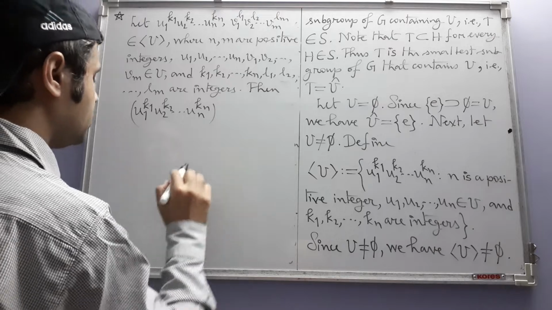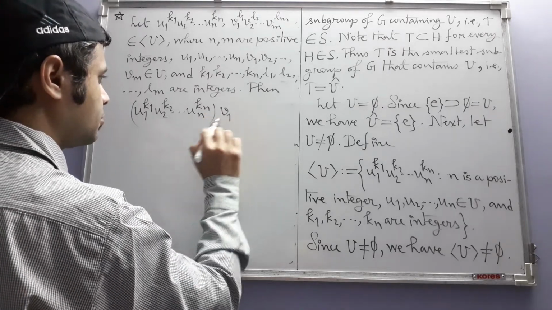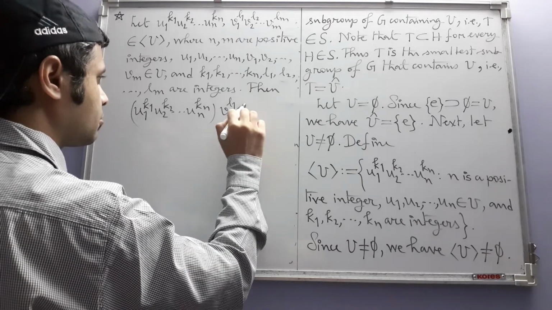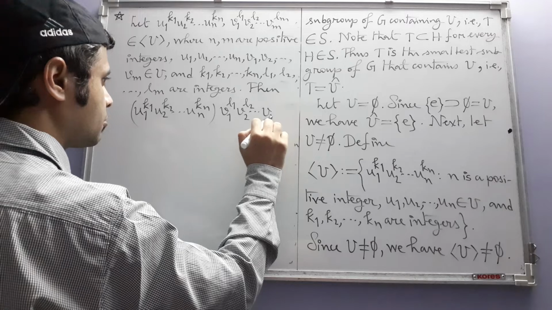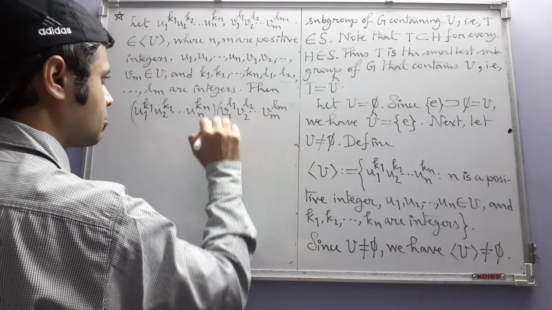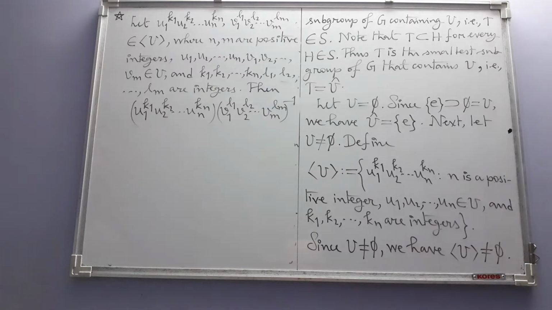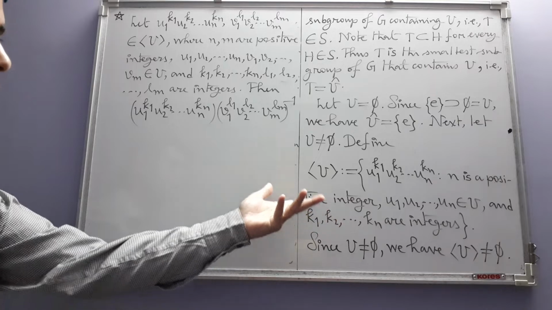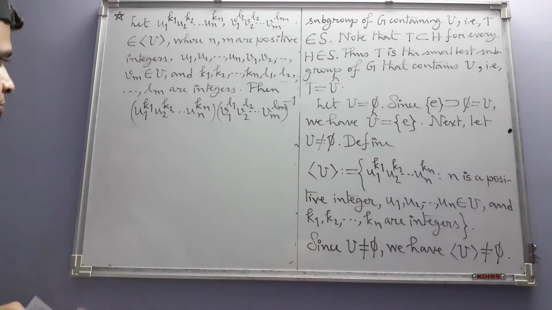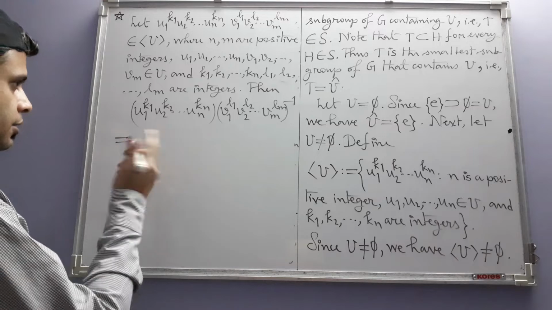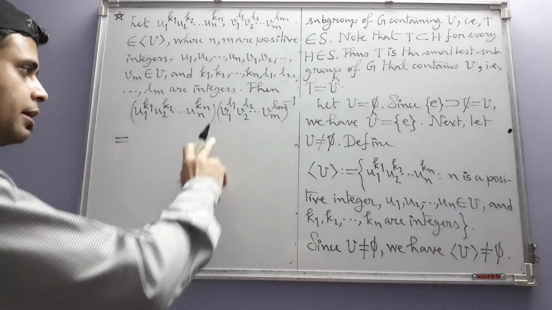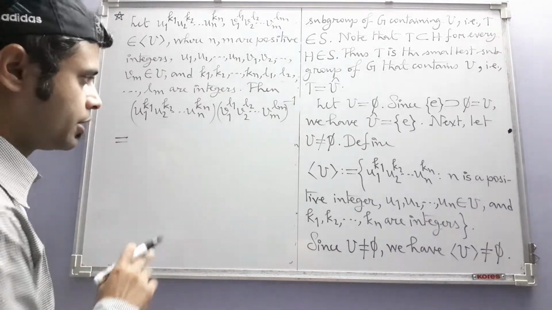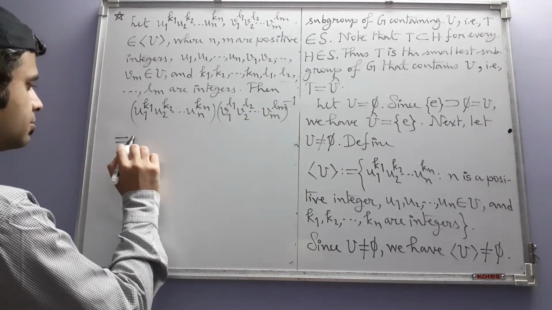what happens when we calculate this? If we can show that this element is again in this subset, then clearly this subset will be a subgroup. Using all the rules of exponent as well as the rule for taking the inverse of a product, we get this.